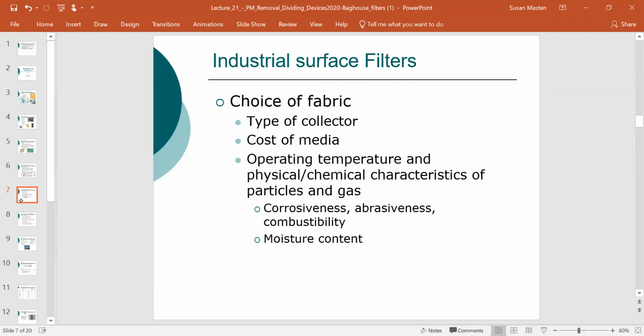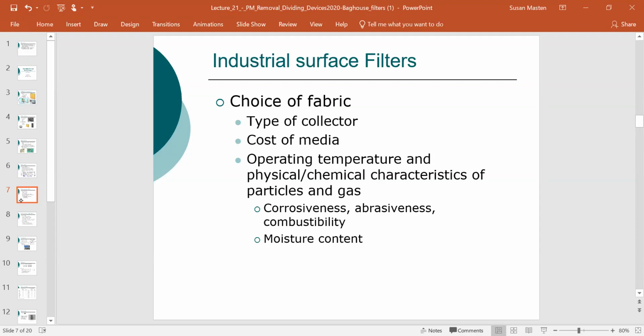So it's kind of an operational mode. We'll look at that. It will depend on the cost: how affordable is this material? And then it's going to depend very much on your operating temperature, and the physical and chemical characteristics of your particles and your gas.